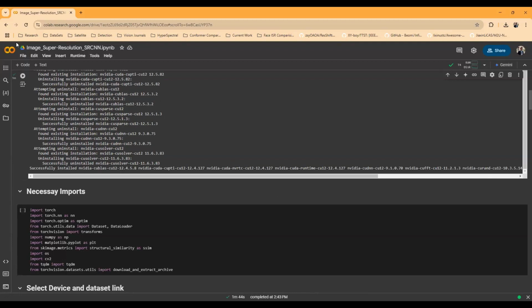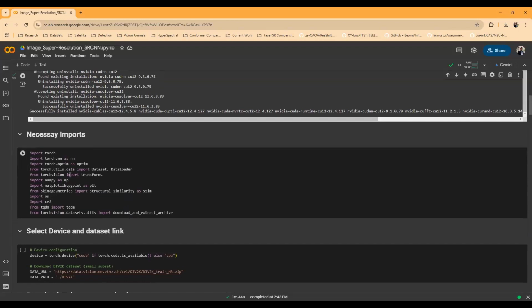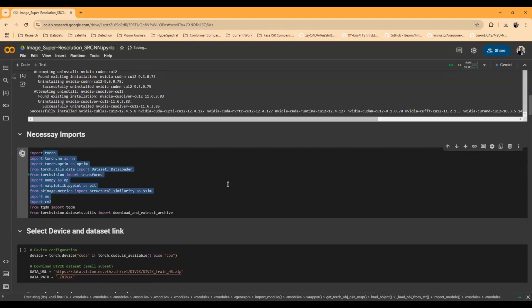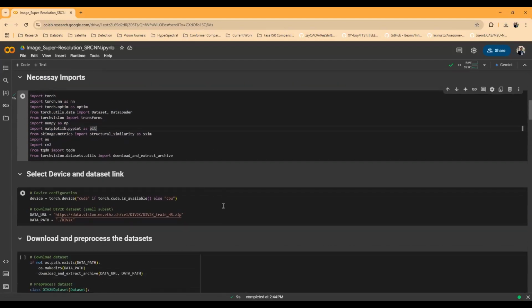So we have finished installing the necessary packages and libraries. Once installed, we must import them. Since we have already installed only the necessary packages, we need to import all these packages. Now, the dataset link and setting the device configuration.